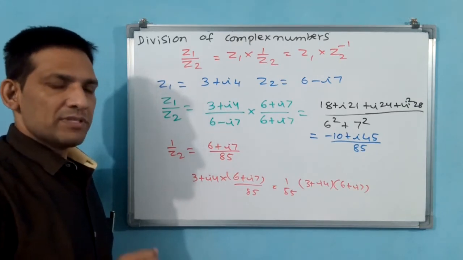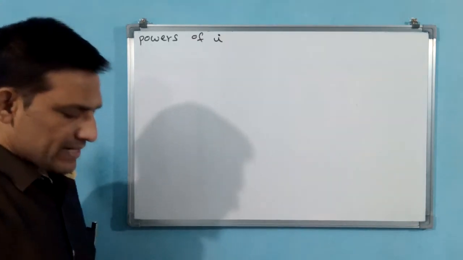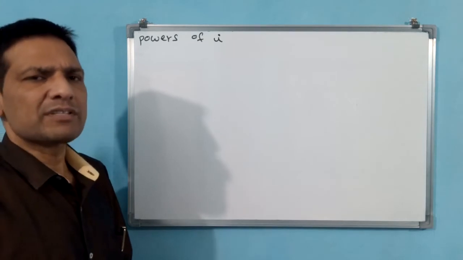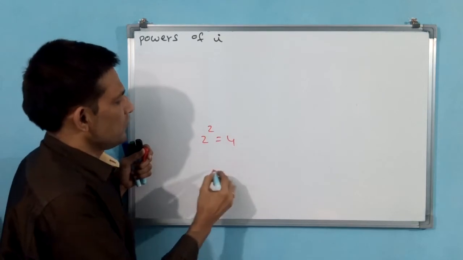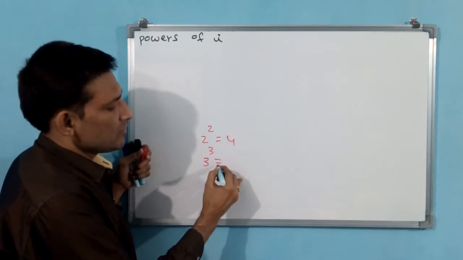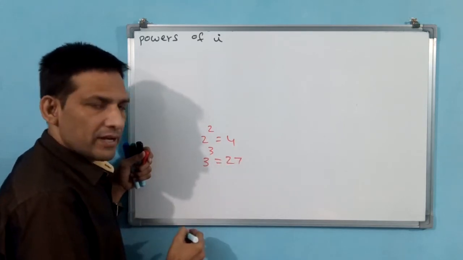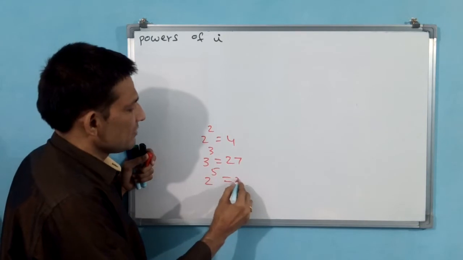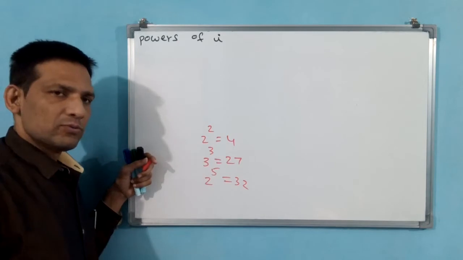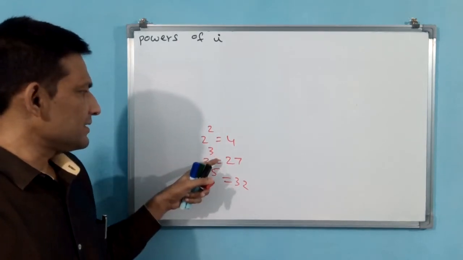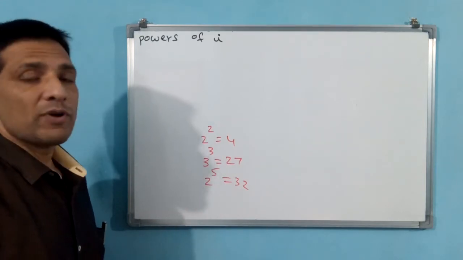Next we see powers of I and inverses of I. What are powers of I? Powers means exponents. Say 2 power 2 is equal to 4. 3 power 3 is equal to 27: 3 threes are 9, 9 threes are 27, that is 3 into 3 into 3. 2 power 5 is equal to 32. 3 power 4 is 81.